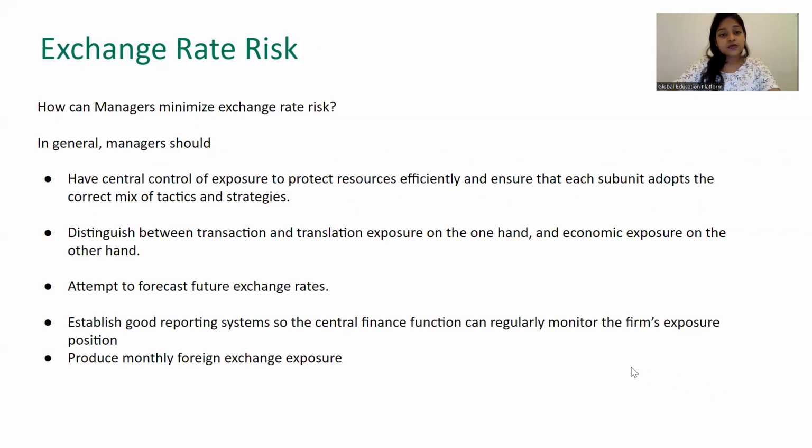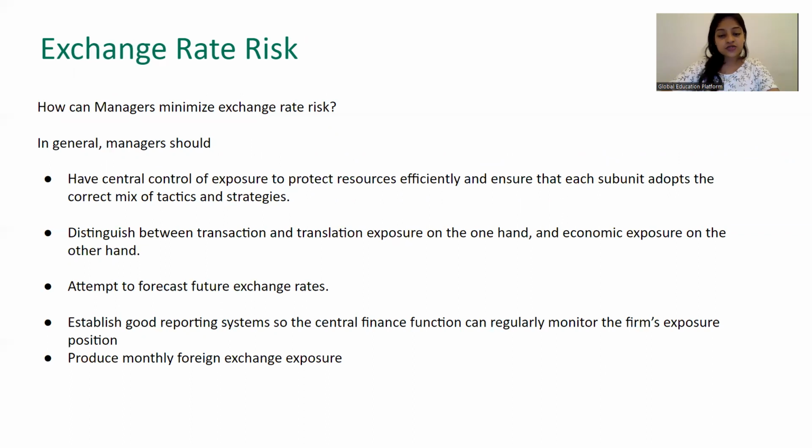How can managers minimize exchange rate risk? In general, managers should have a central control of exposure to protect resources effectively and ensure that each subunit adopts the correct mix of tactics and strategies. So they will have different branches everywhere, but the manager has to make sure that the central information is provided to all the subunits.